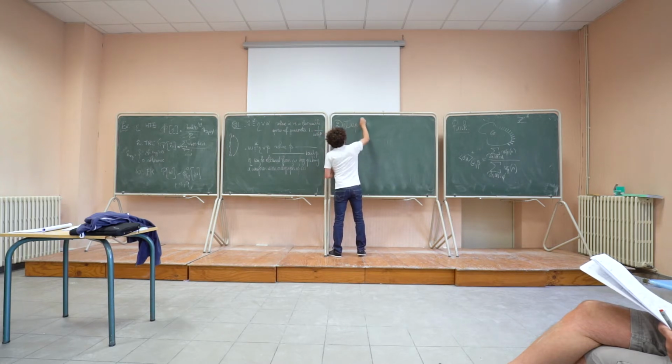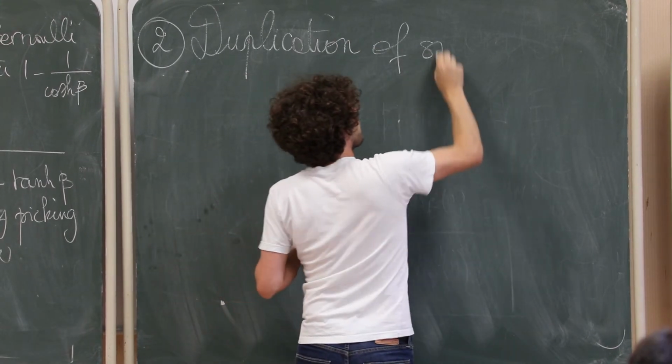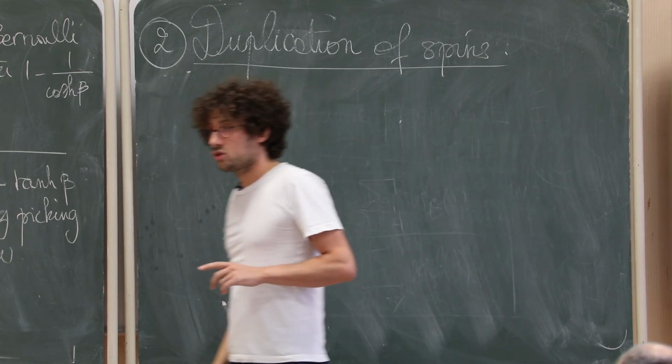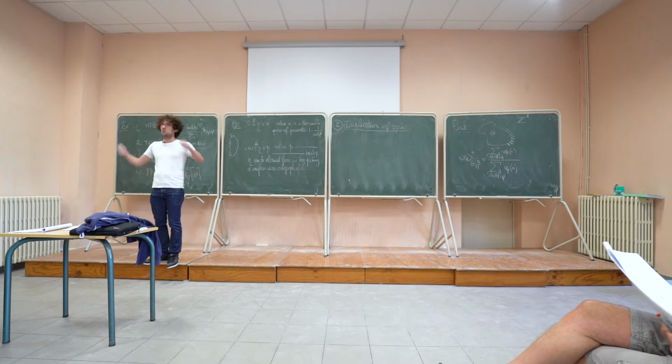And the idea is that we are going to use not just one Ising model, but two Ising models in some sense. We are going to work with two Ising models on top of each other.